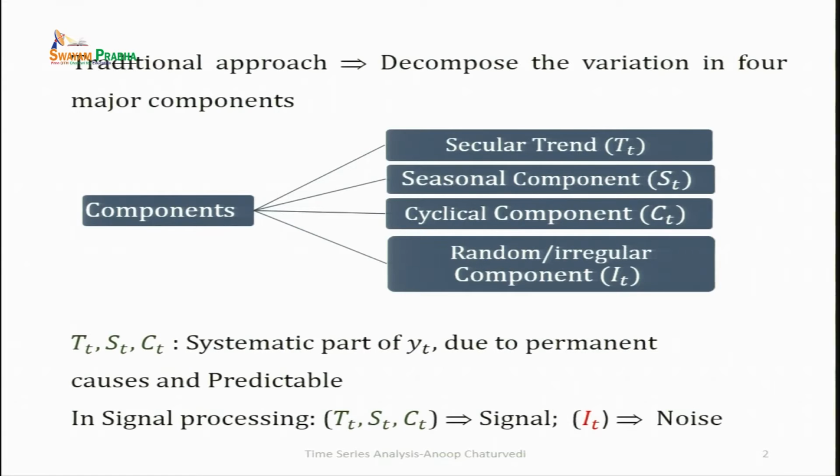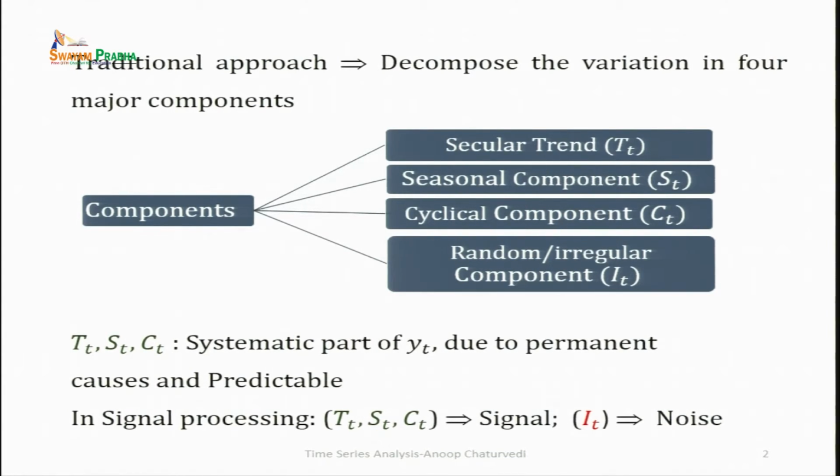Among all these four components, the first three components T_t, S_t and C_t represent the systematic part of the time series. Suppose we denote the time series by Y, then the first three components denote the systematic part of Y, and these three components are due to permanent causes, and they are predictable.